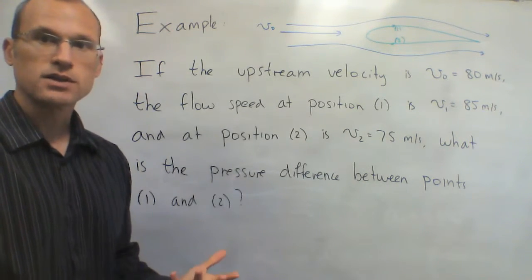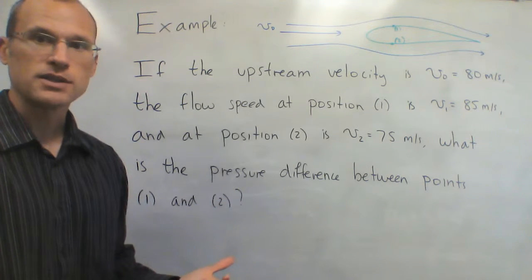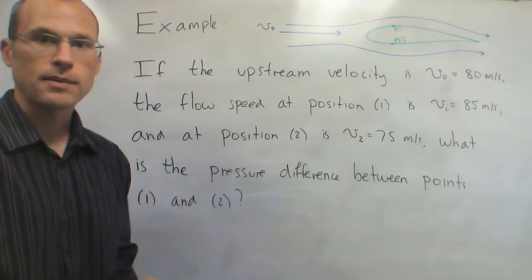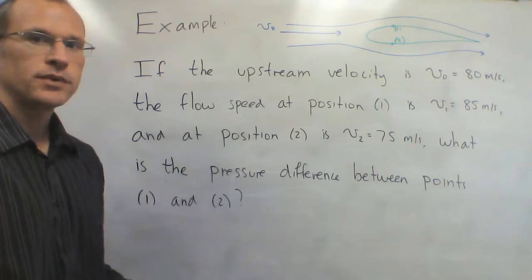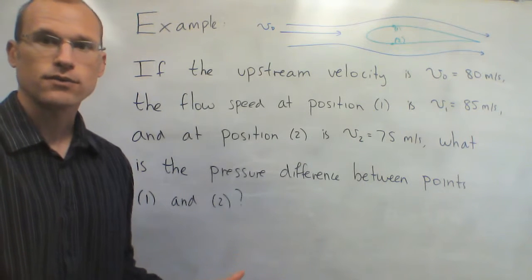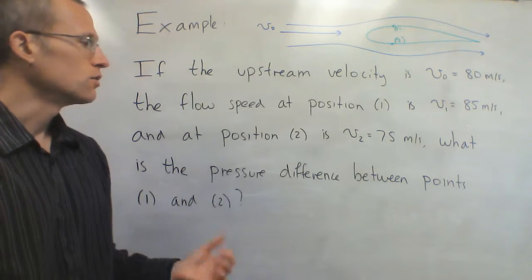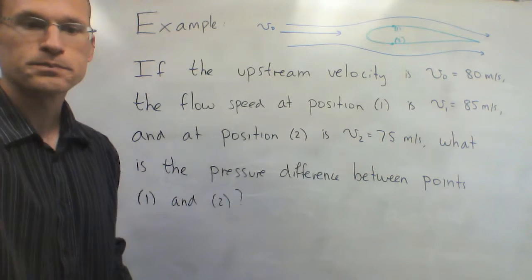So again, this wing's been designed so that the air over the top flows faster than the bottom, so it's going to give me some lift to be able to fly my airplane. I want to know what the pressure difference is between points 1 and 2. Essentially I can relate this pressure difference to a force, because force is pressure times area. So with this pressure difference, I can figure out what sort of lift force I'm generating with my wing.